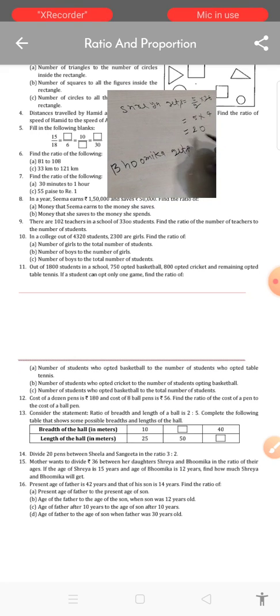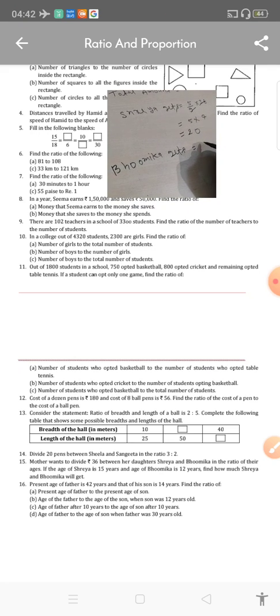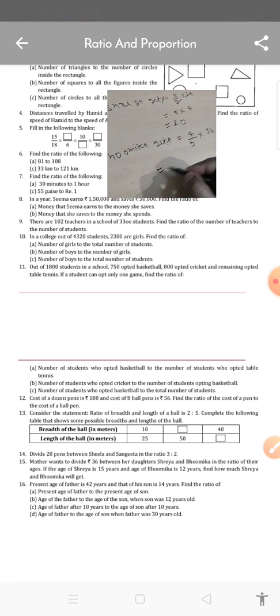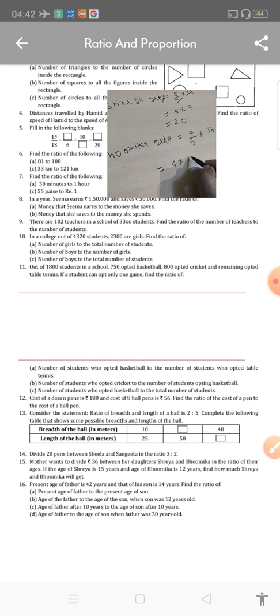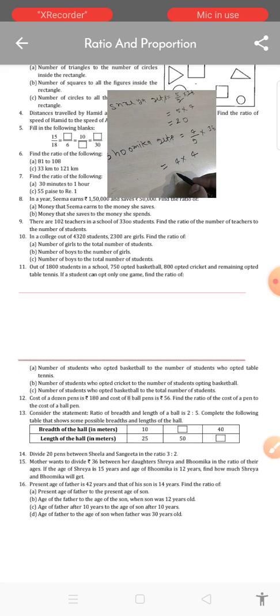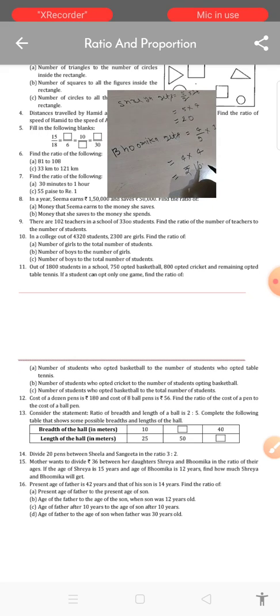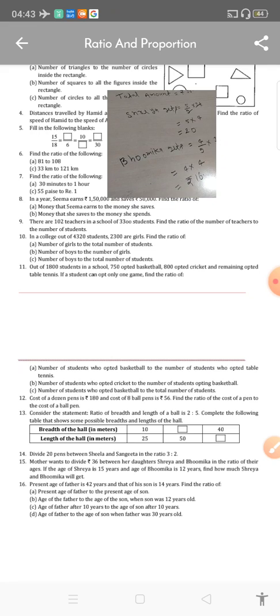What is the ratio of Bhumika? 4. Total ratio is 9, into the total amount 36. If we divide 36 by 9, we obtain 4. So the total amount obtained by Bhumika is 4 fours are 16 rupees.